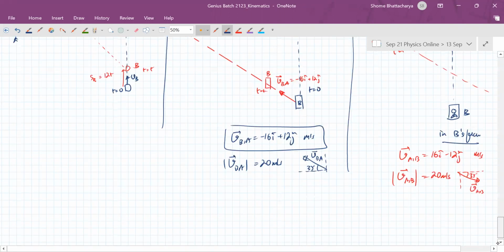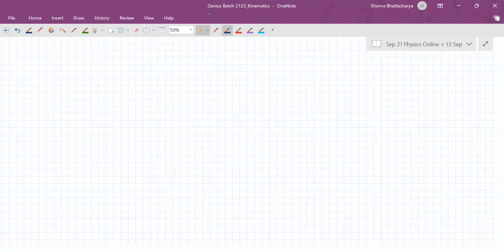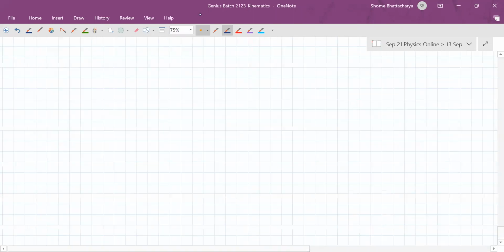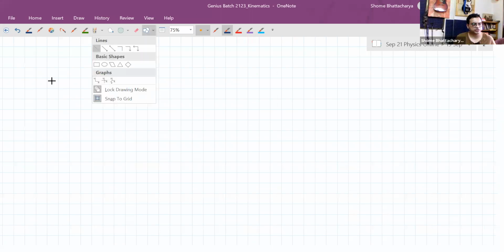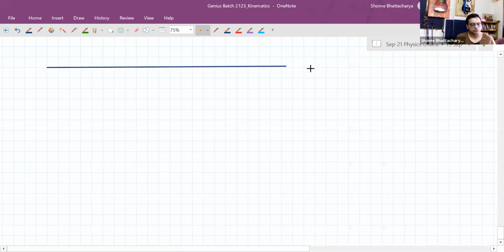Okay, so we see. So now I'm just looking at the geometry of this more carefully. So I'll try to draw a more accurate kind of diagram.